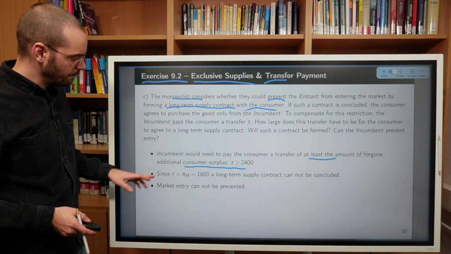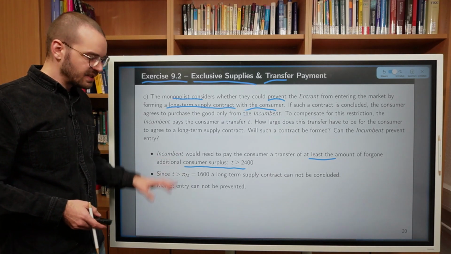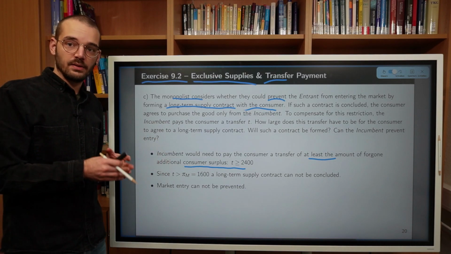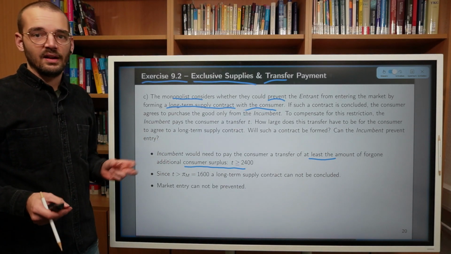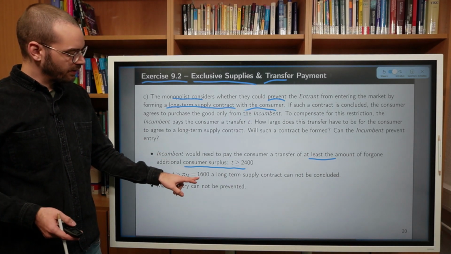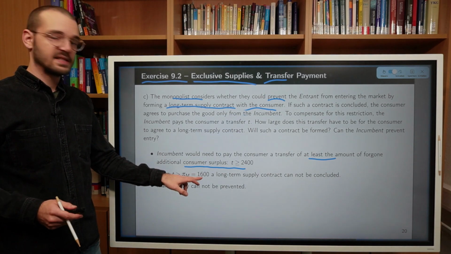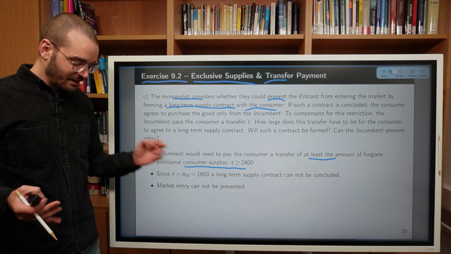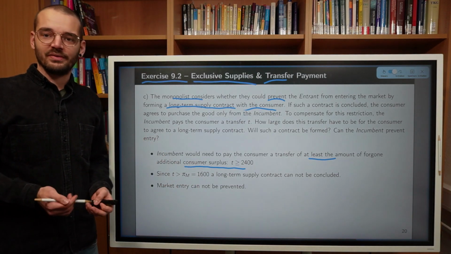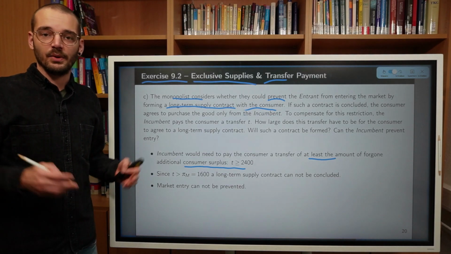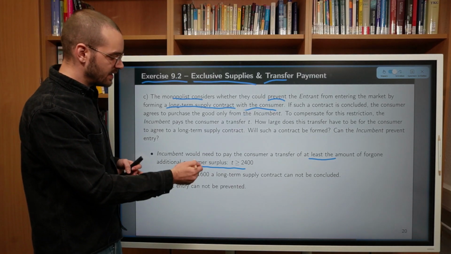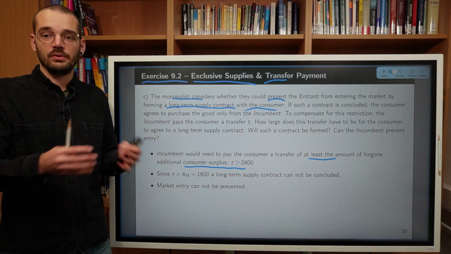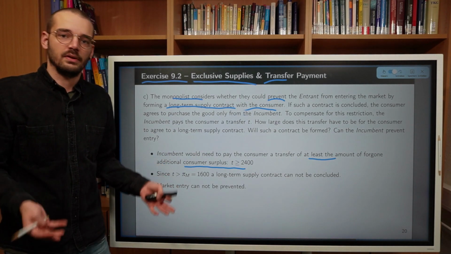However, we know that in this situation where the incumbent is the sole firm in the market and is earning monopolist profits, their profits are only 1,600. That's what we calculated under task A as well. So what we see is that the monopolist's profits, the incumbent's profits, as long as they are a monopolist, are smaller than the transfer payment needed to incentivize the consumer to agree to the contract.